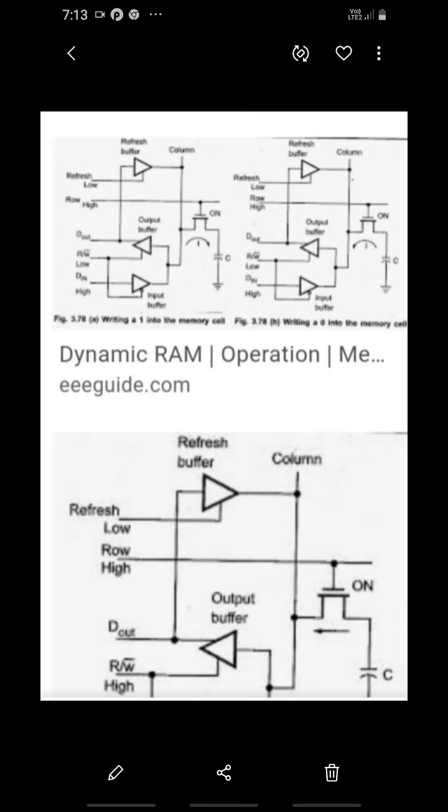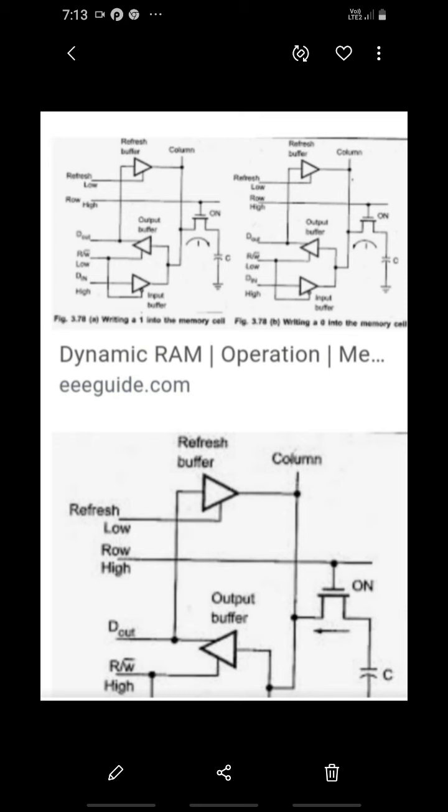Static RAM consists of a number of flip-flops. Each flip-flop stores 1 bit. Dynamic RAM stores the data as a charge on the capacitor. It consists of a MOSFET and a capacitor for each cell.